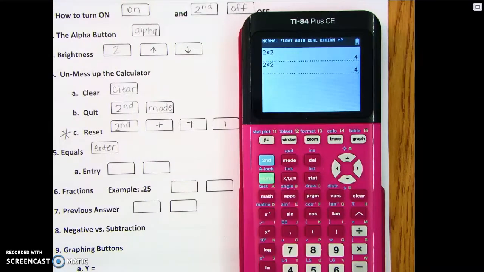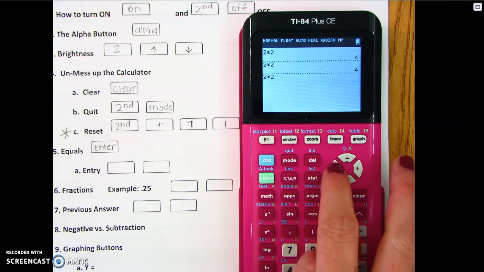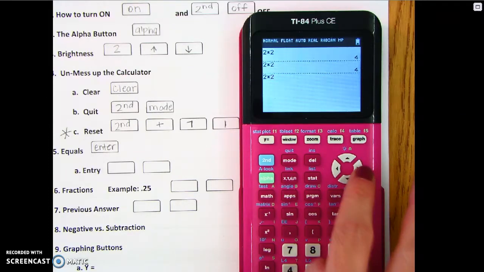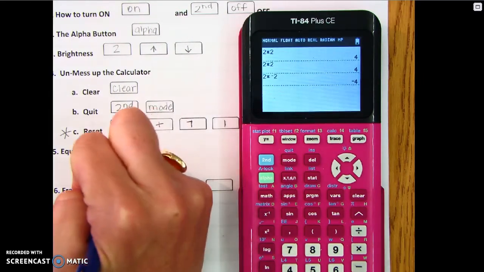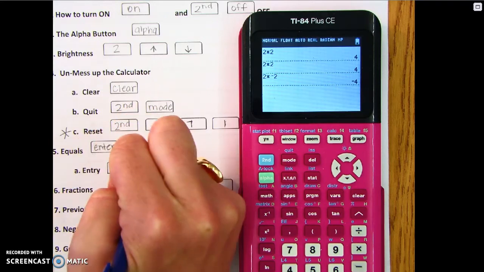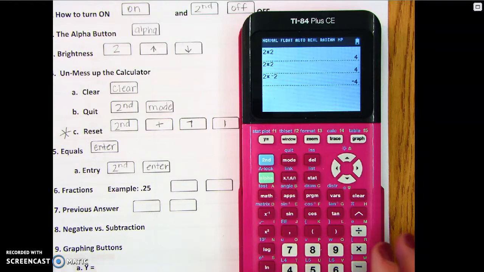If you type a big long expression and you make a mistake, you can then go backwards with the arrows and fix it. Because say I wanted to do 2 times -2, then I can just fix it that way. So the second enter button is entry.